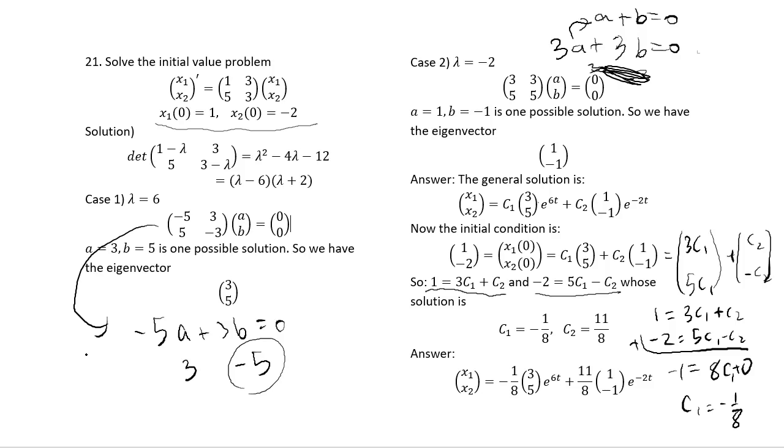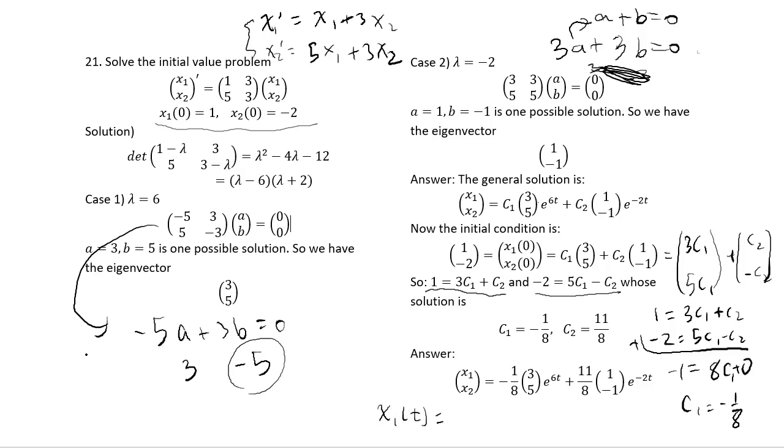Okay. Now, since the original question was posed in matrix form, it's okay to write your answer in matrix form. But if this was given as a system, for example, if you were given x1 prime is 1x1 plus 3x2, and x2 prime is 5x1 plus 3x2, it would be better if you write down x1(t) and x2(t) separately.